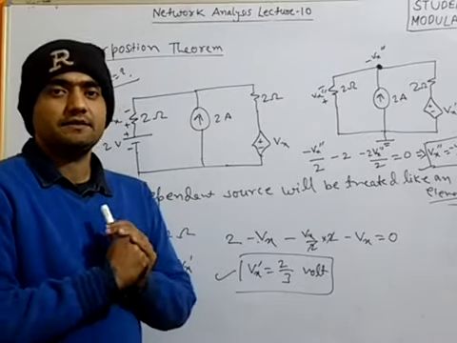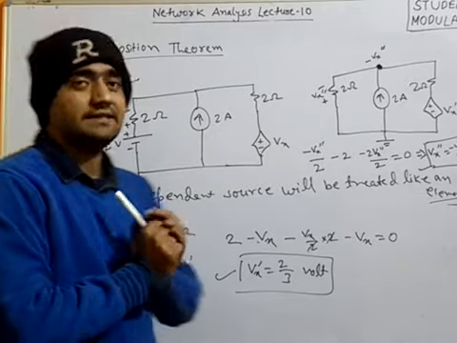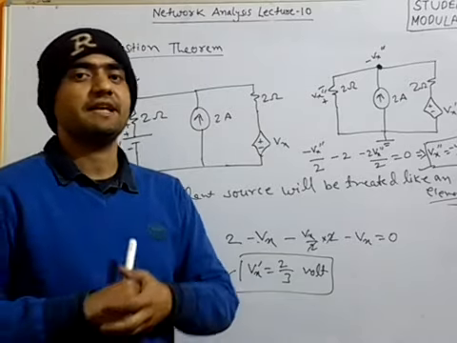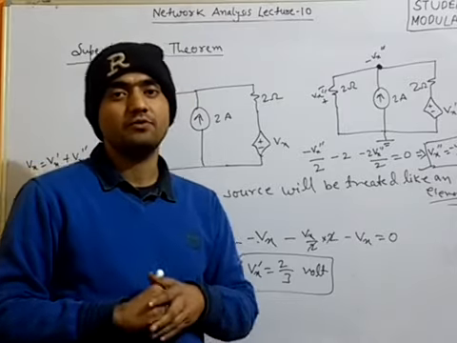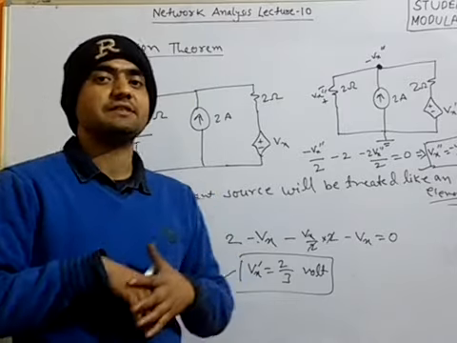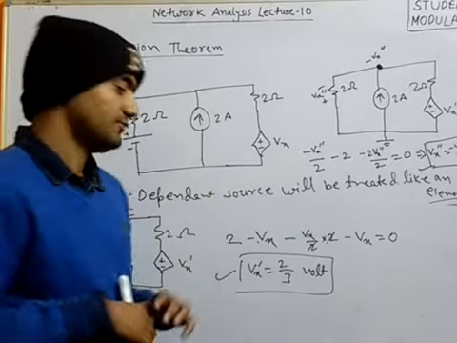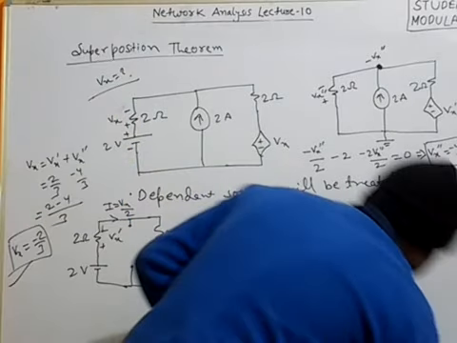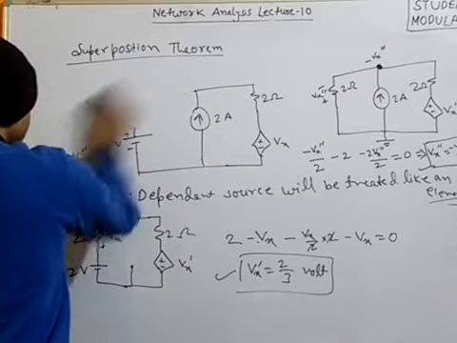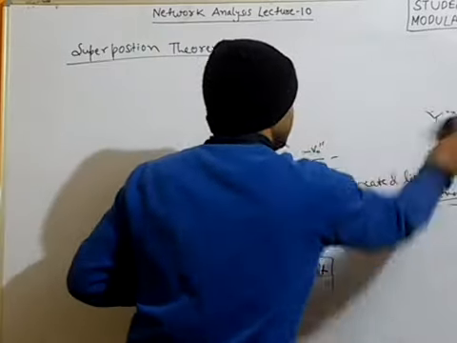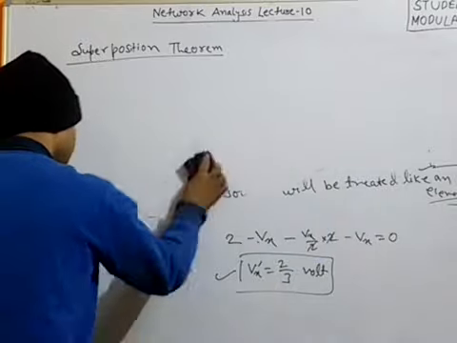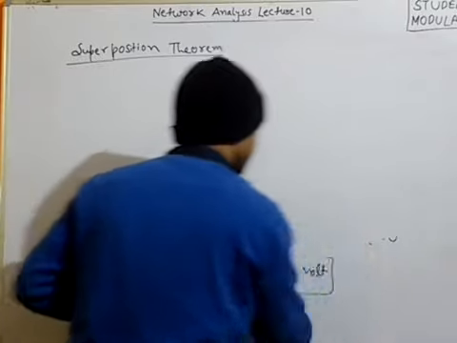Okay, and the last point related to the superposition theorem is actually the homogeneity principle. So we will see how the homogeneity principle can be concluded using the superposition theorem. So what the homogeneity principle actually says, let's check.